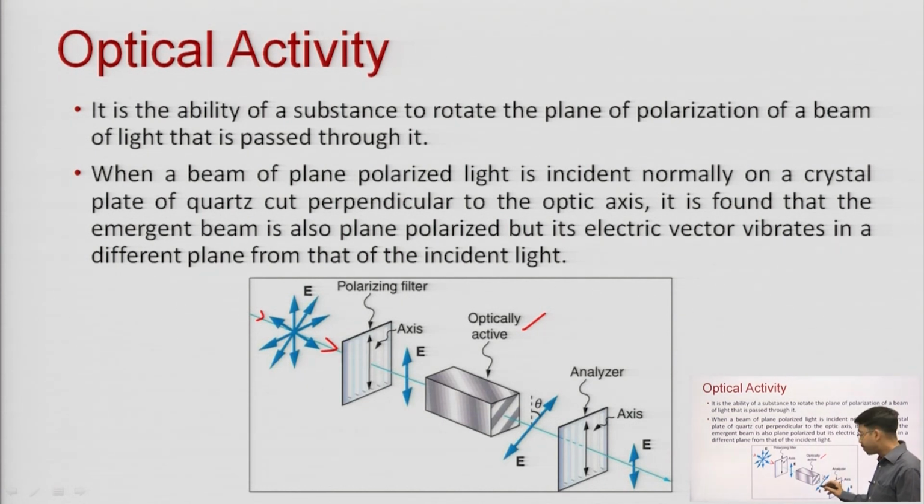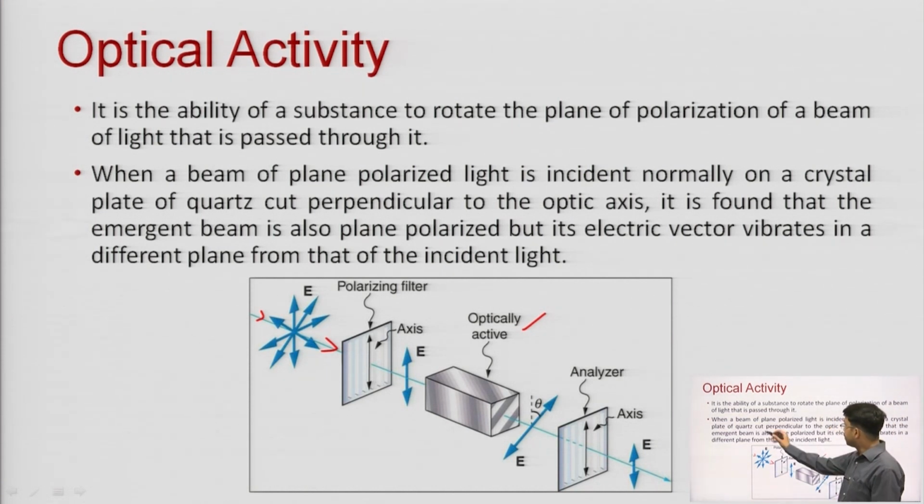This property is called optical activity, and such materials are called optically active materials. Now, if we again put the same vertical polarizer in the path of the ray, the intensity of the beam coming out will be less, because only the component of the vector that is parallel to this axis will pass through this analyzer.